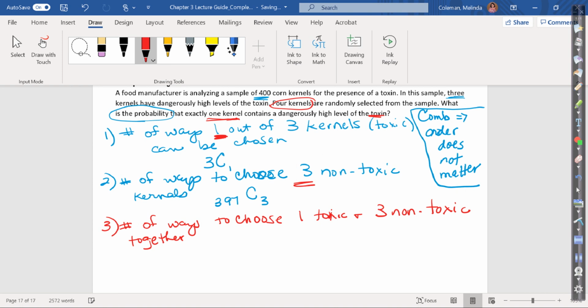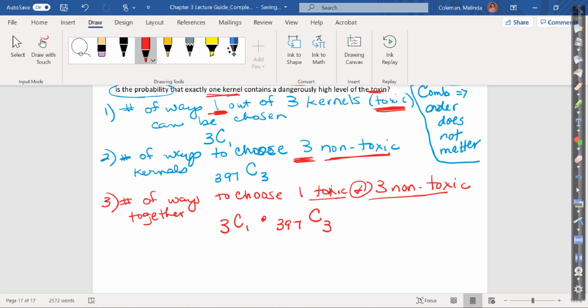So again, in the first one, we chose 1 toxic. Here we chose 3 non-toxic. Now we want to do 1 toxic and 3 non-toxic. So using our AND statement, that would be C(3,1) times C(397,3).